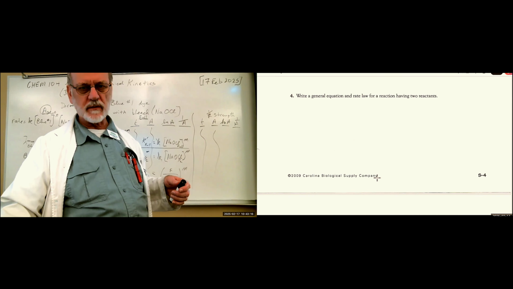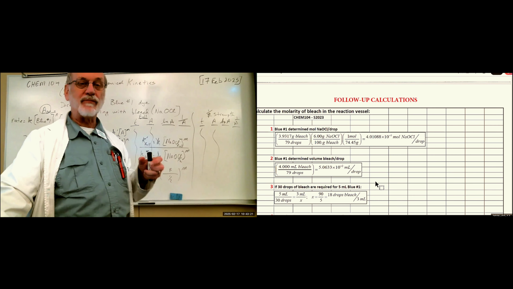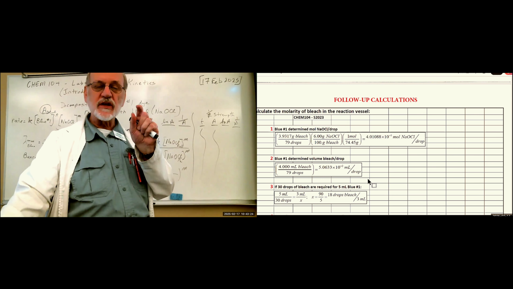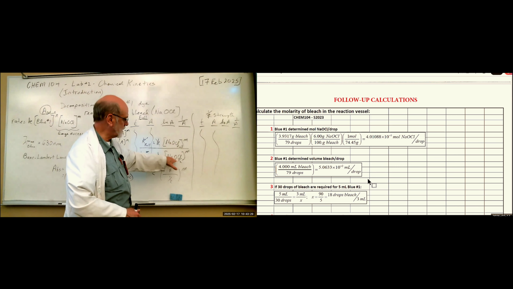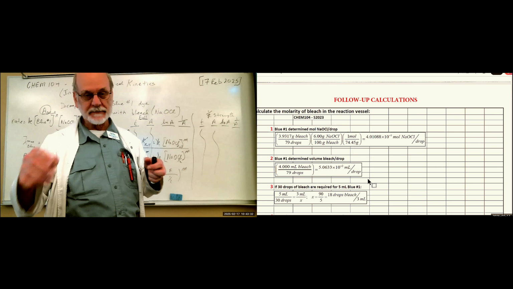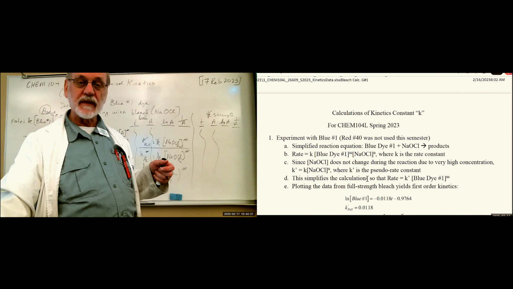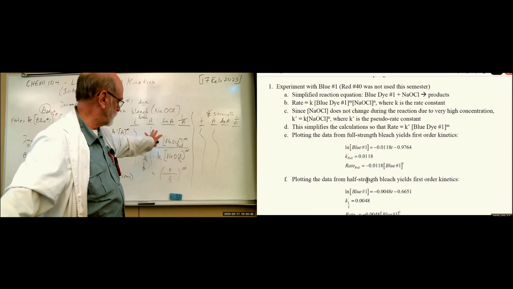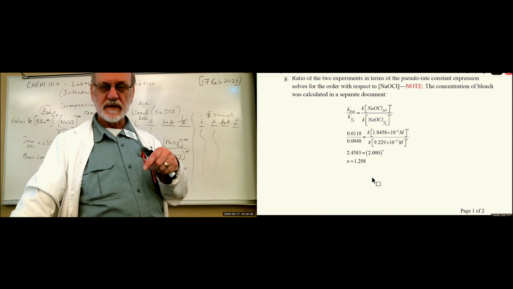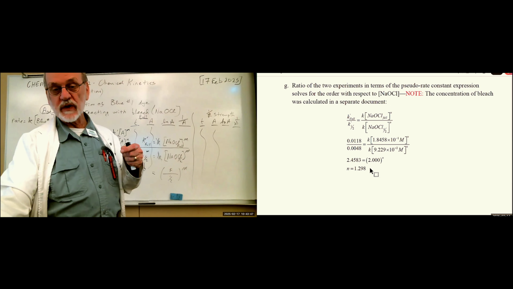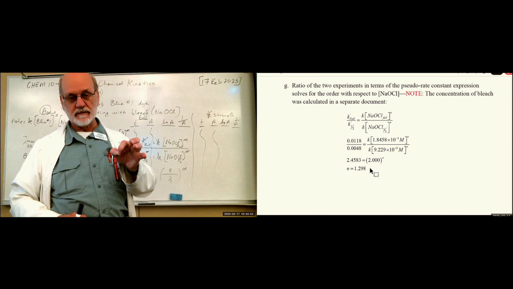I know that's a lot of math, and that's why at the end of the document, well, there are post-lab questions there. But, at the end of the document, I've got here's an example of calculating the molarity of bleach in the reaction vessel. That's what we need for here, here, and here, two different values. And then this is an explanation of what I was talking about here, ratio those two, and end up with, in this example, a value here that is not an integer.